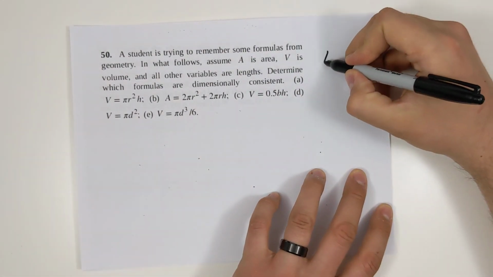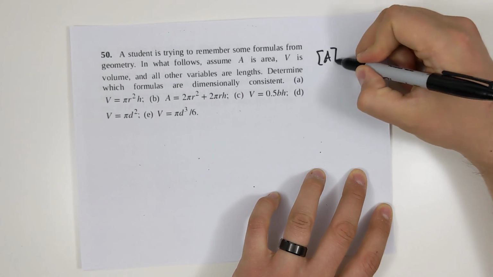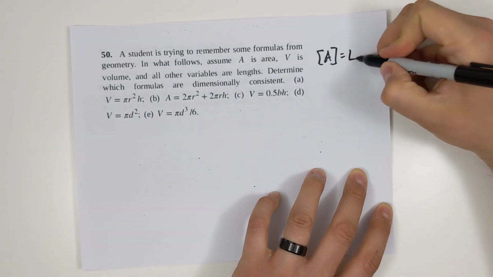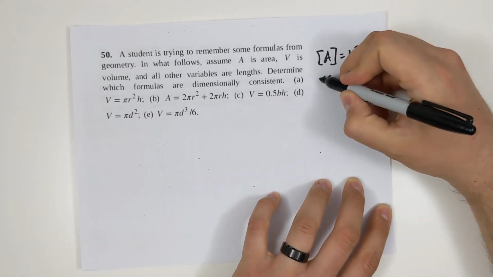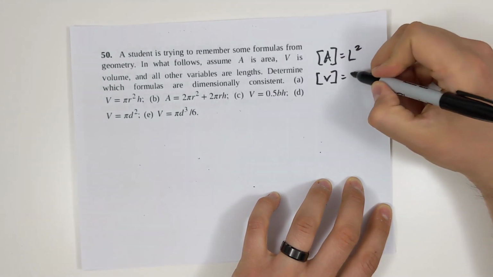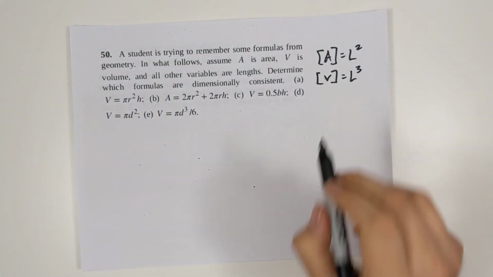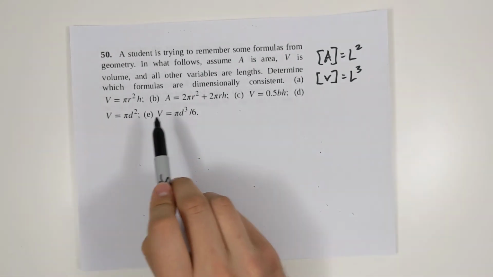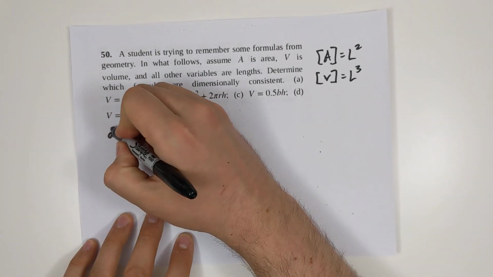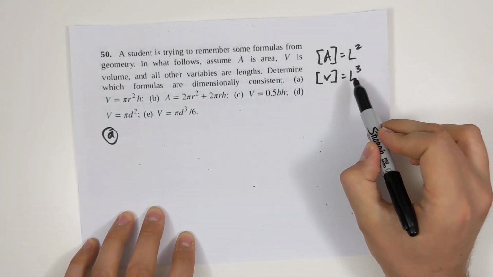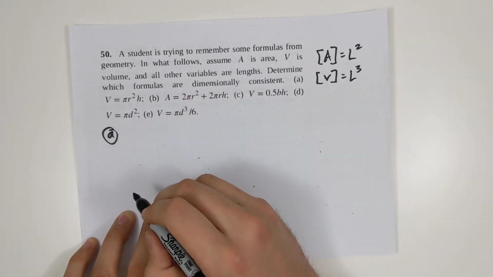So just to write this out again, the dimensions of area are, say it with me, L squared. The dimensions of volume are L cubed. Nice. So we want to know in part A, we are looking for something that matches the dimensions of volume, L cubed.